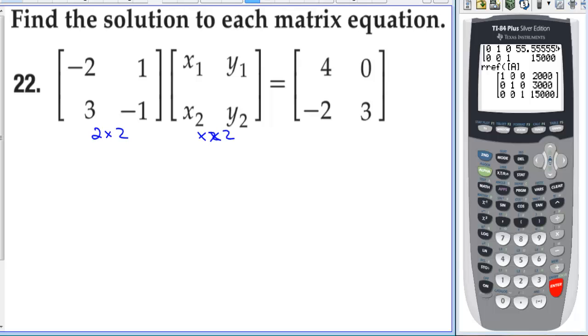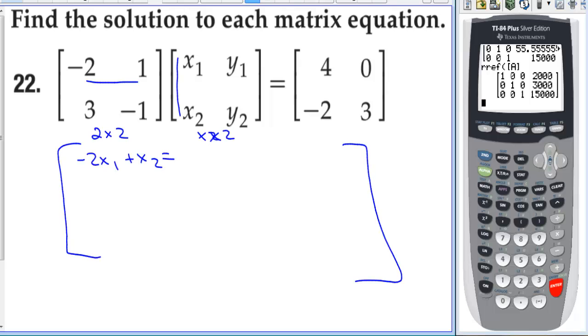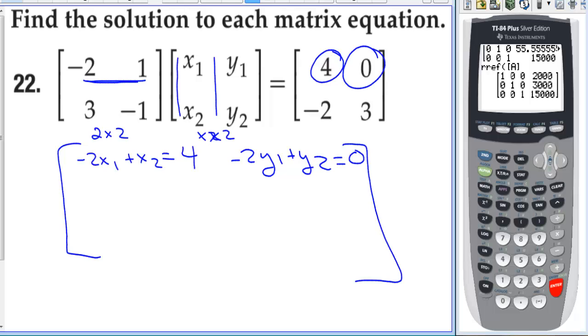What the book has you do, and I actually don't want you to do this, you have negative 2x1 plus x2 should equal, across and down on a 2 by 2 would give you the very first spot right here, 1, 1. Well, that should be equal to 4. And then you're going to go across and down on this one, which would be negative 2y1 plus y2. That gives you this spot, and 0 is in this spot, so that'd be 0.